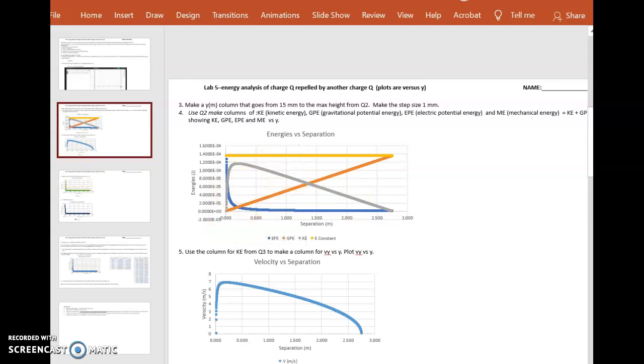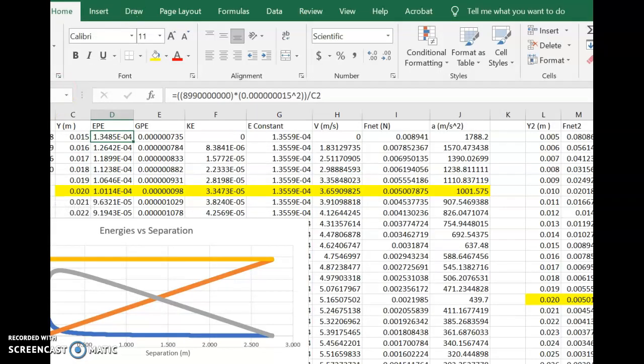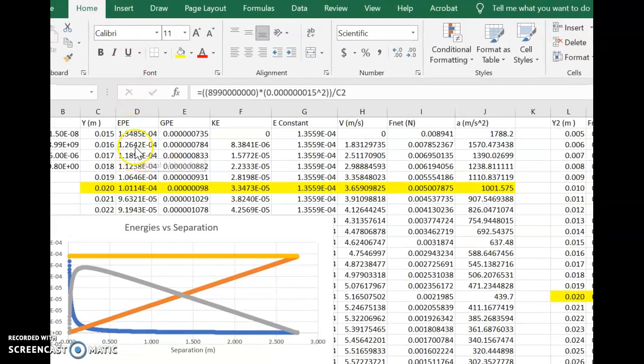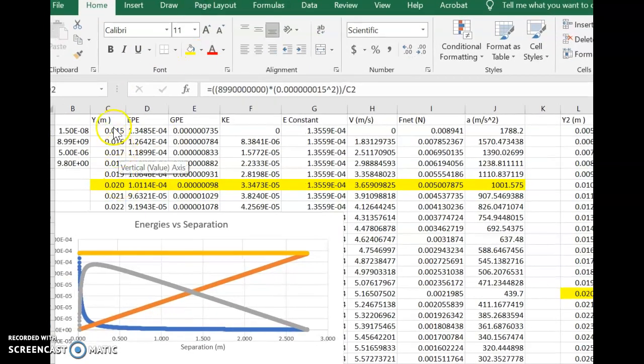If you want to see a little more detail, this is how I did it, just basically plugging in the numbers here.